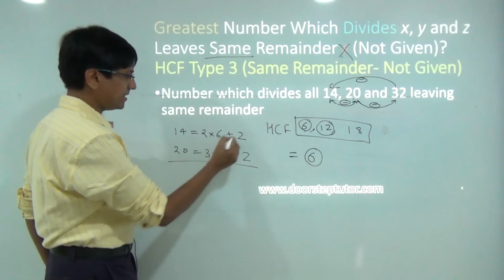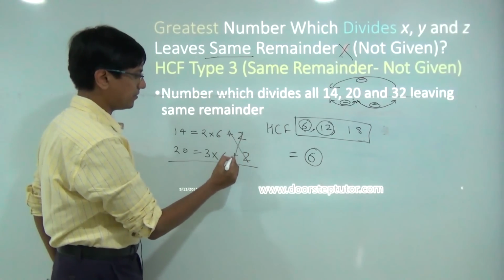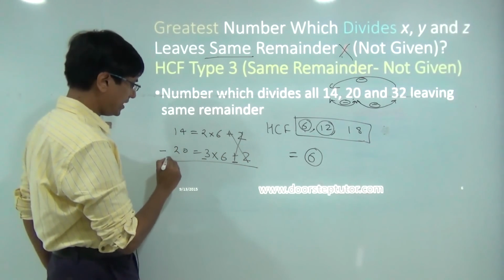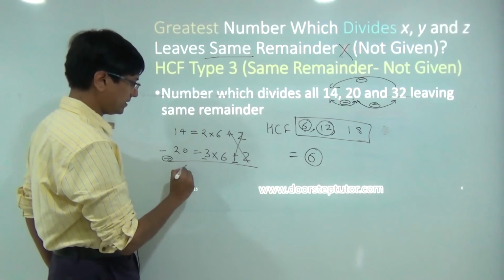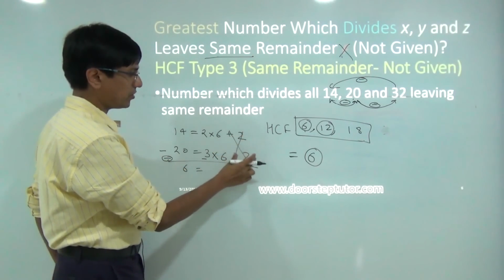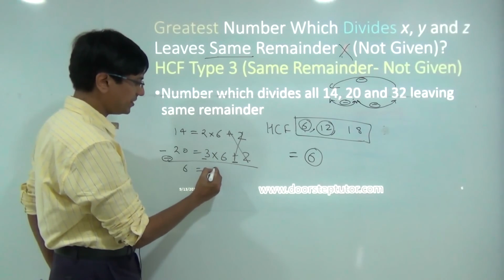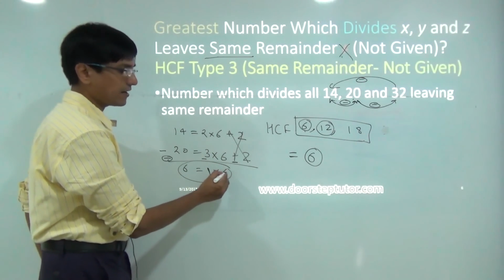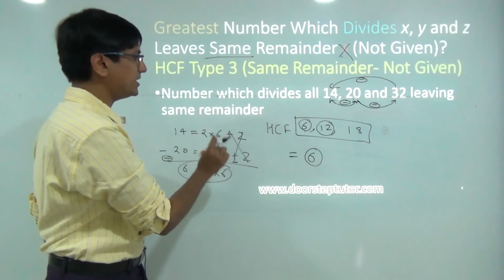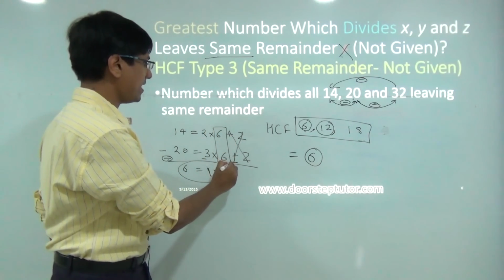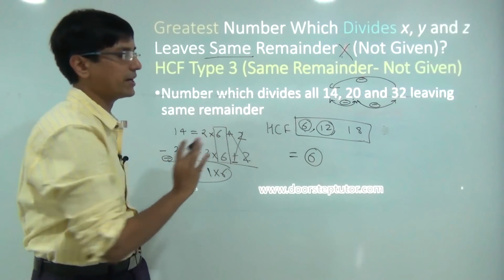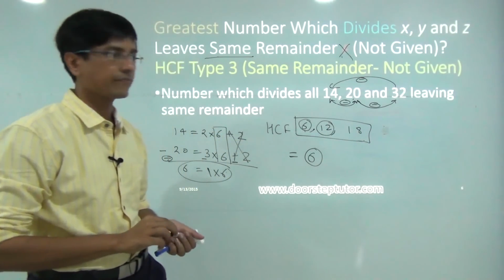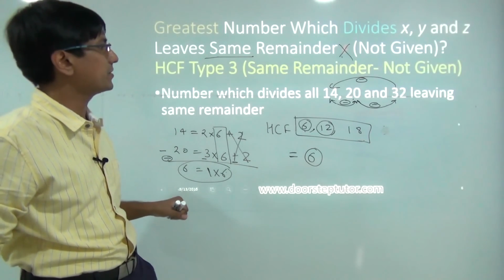And when I find the difference between 14 and 20, I cancel out this common remainder, okay. What I am left with here is 100% divisible by my SCF, the greatest number that I am trying to find out. This remainder term cancels out in each of these differences. So that's why this works, okay.